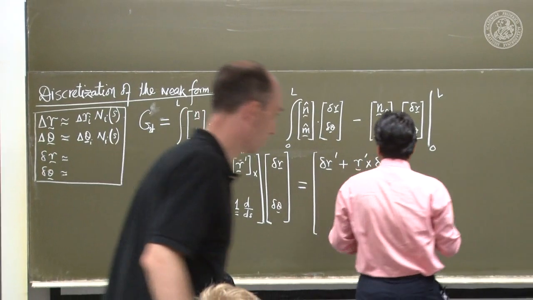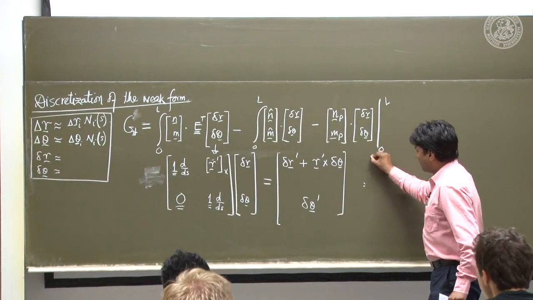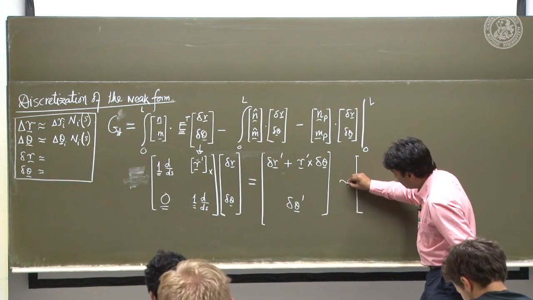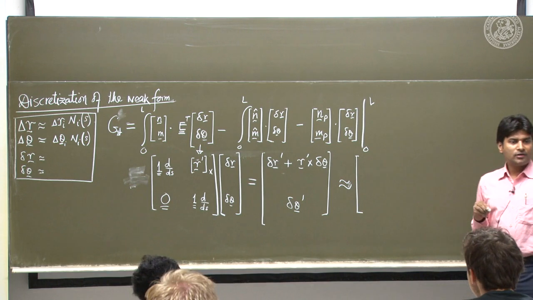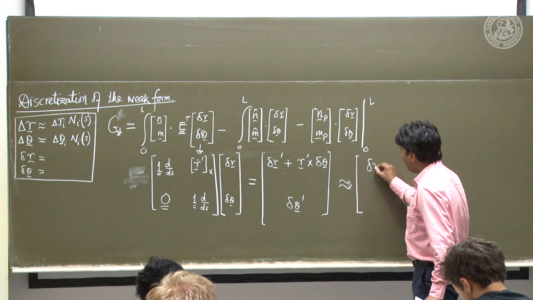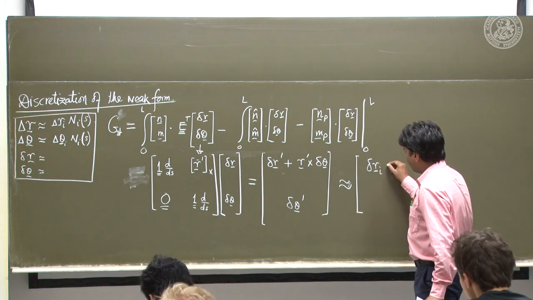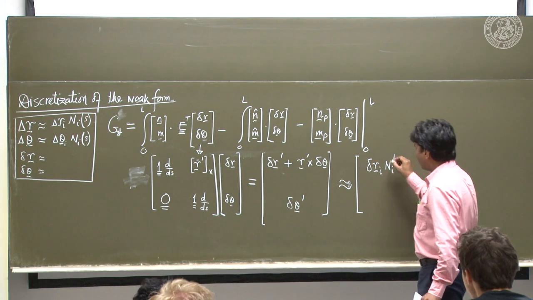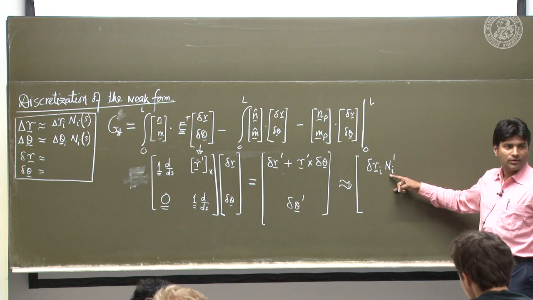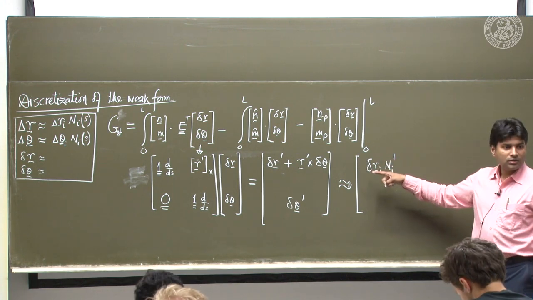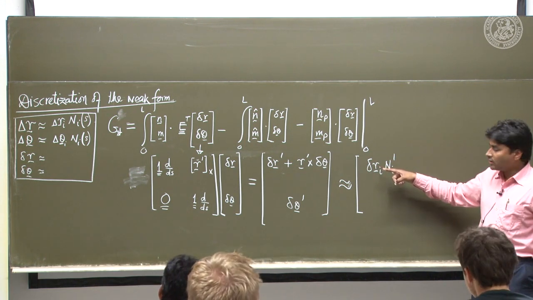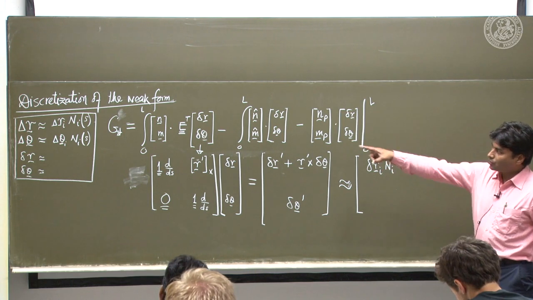And now, when we discretize this, you see what is going to happen. Let us just plug in del r prime, which is a discrete approximation. So, here we say it is approximate, and del little r prime then becomes del little r_I n_I prime. See, the prime shifts onto the shape functions, because the del little r_I are constants, not functions of S. All S dependence has now shifted onto the shape functions.